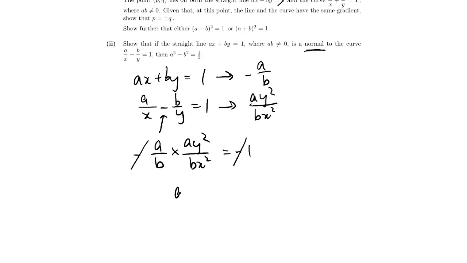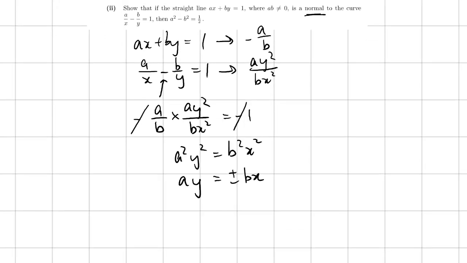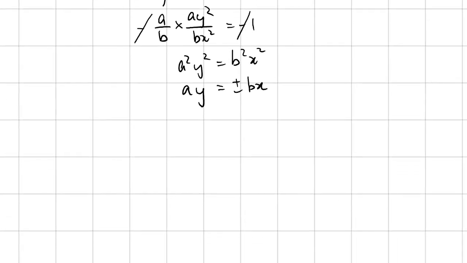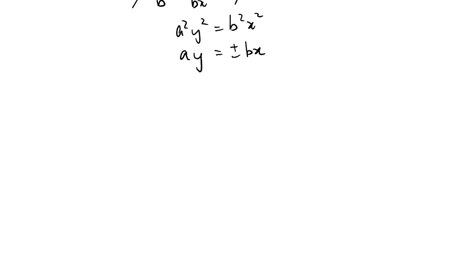So I could write this as a squared y squared equals b squared x squared. Essentially that means that ay equals plus or minus bx. Similar argument to part 1 here. So if ay equals plus or minus bx, then we could use this in our equations.